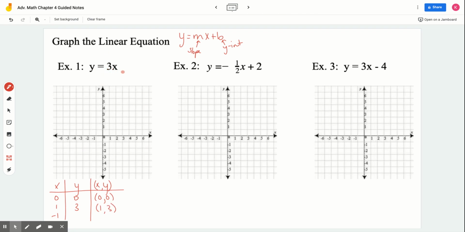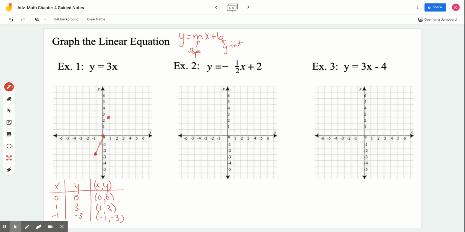Y equals 3 times -1. 3 times -1 is -3. So my point would be (-1, -3). Now I can take these 3 points and graph them on my coordinate plane. So (0, 0), (1, 3), and (-1, -3).